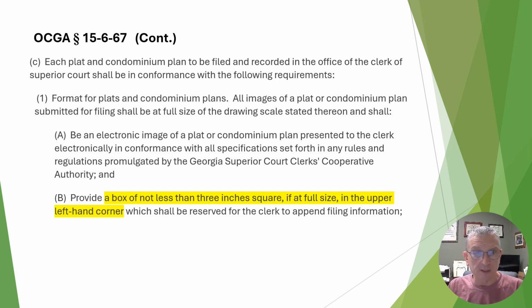But this came in the 2016 Plat Act legislation and was carried over and kept. The clerk of courts wanted that. And the clerk of courts are politically represented and managed by the Georgia Superior Court Clerks Cooperative Authority. We refer to that acronym as GSCCCA. I hope I got three C's in there.